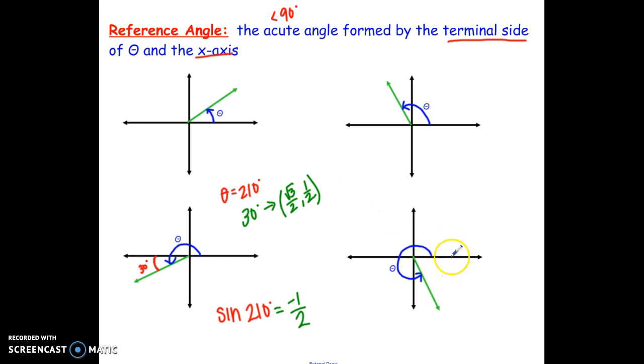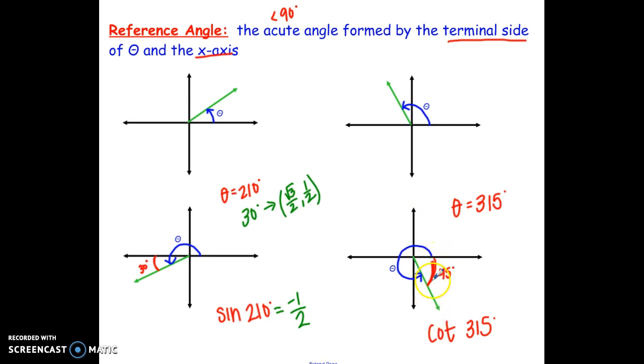How about something over here in the fourth quadrant? What if we did 315 degrees? Let's say in this case theta was 315 degrees, and maybe I want to find the cotangent of 315 degrees. All the way around is 360, so how many degrees away from 360 am I? Well, 360 minus 315 gives us 45 degrees.